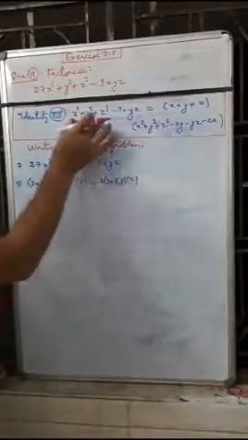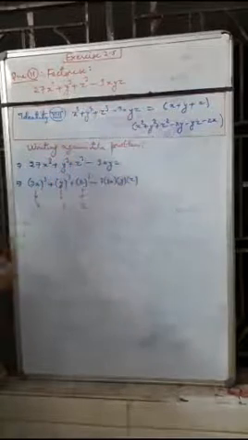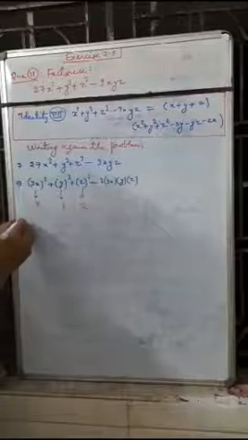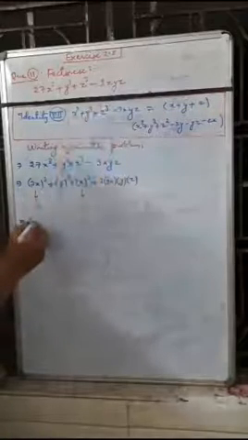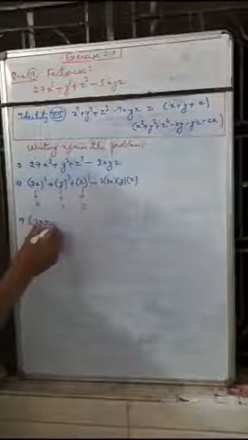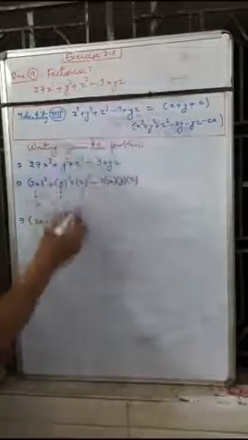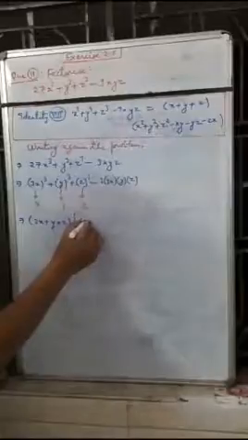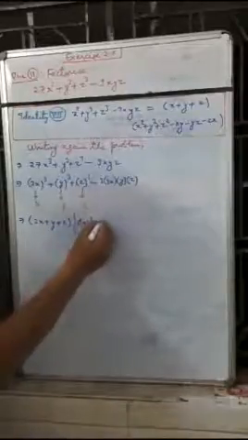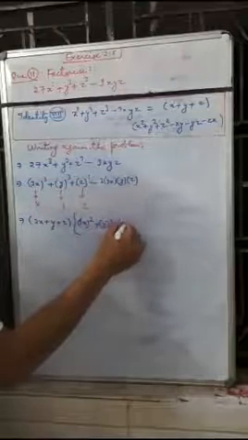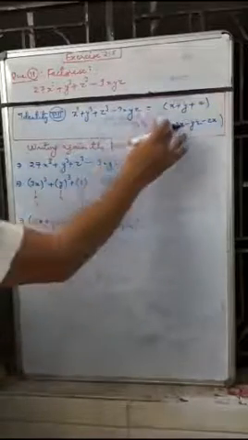Now we are having x cube plus y cube plus z cube minus 3xyz. So we will try to convert it into two brackets of right hand side. So x is equal to 3x plus y plus z, and in the second bracket we will write x square. X square means 3x whole square plus y square. So we will write y to the whole square, then z square, z to the whole square, minus xy.